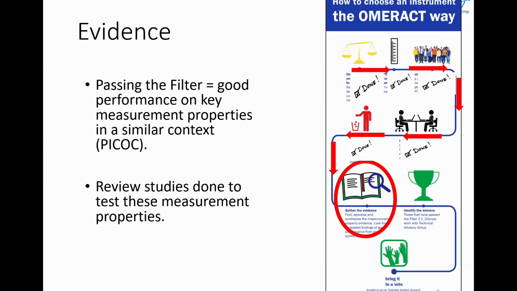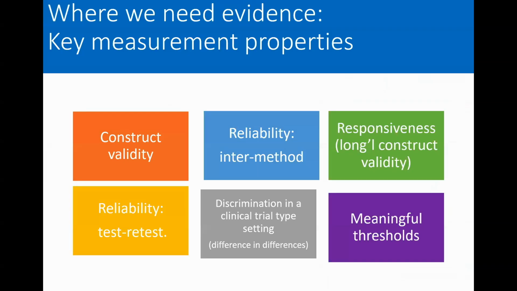We then start to gather the evidence, and passing the filter means that you have good performance on key measurement properties that were assessed in a similar context of use, or similar peacocks, similar patients, similar types of comparisons being made. And we review studies that were done to test these measurement properties. That's the source of evidence.